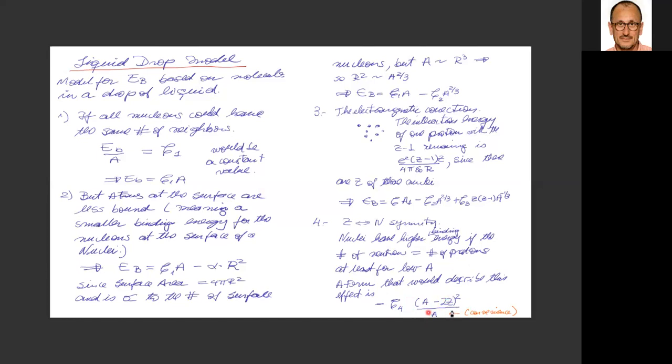Perfect. So I add a term which is proportional to this difference. Let's say Z is equal to N. Look, A minus Z is equal to N.